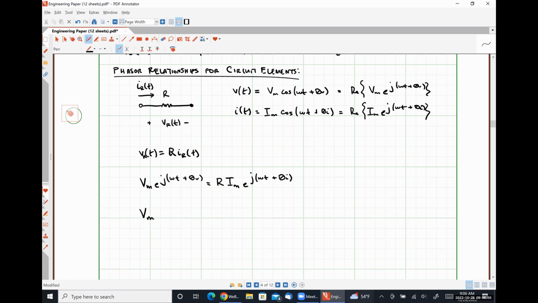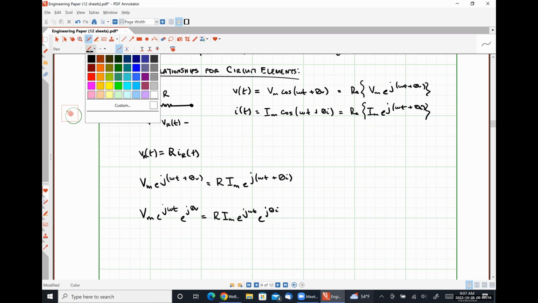So this could be Vm e to the j omega t times e to the j theta V. Everybody okay with that? Breaking that exponential up in that way? And I can break up my exponential on the right-hand side of the equal sign in a similar way. e to the j omega t, e to the j theta I.